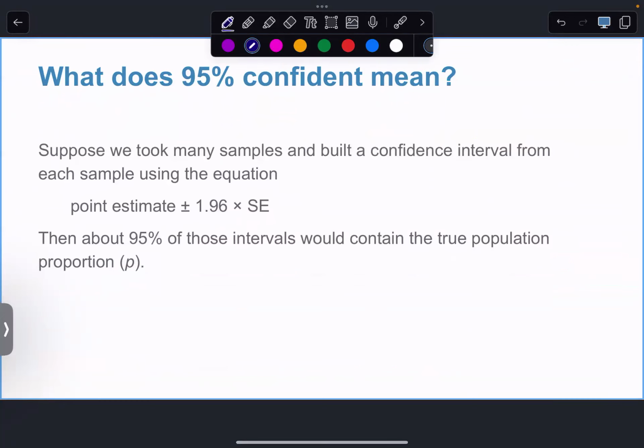So the 95% confident, right? And I'll zip through these, is really this theoretical underlay of, okay, if I did repeated sampling, I would expect 95% of my intervals to capture the population proportion.